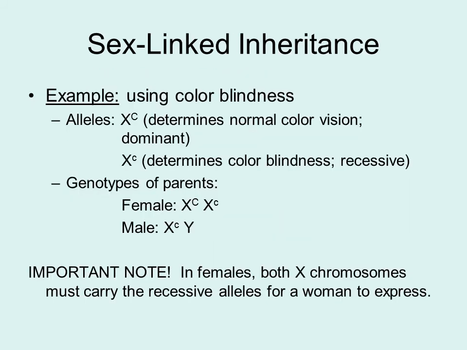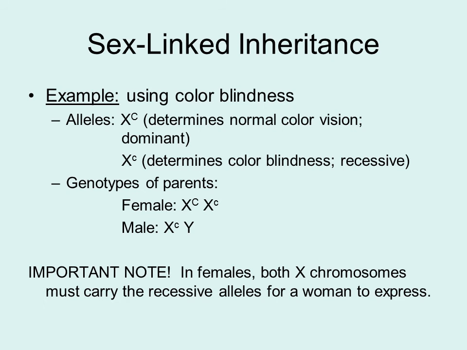So if we look at color blindness, this is often depicted by drawing it as an X and then putting a C. Because color blindness is recessive, we use a lowercase c on that X. So it's showing that it's associated with that X chromosome. For females, the genotype could be both big X's with big C's.